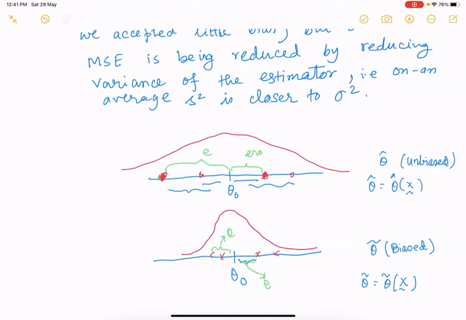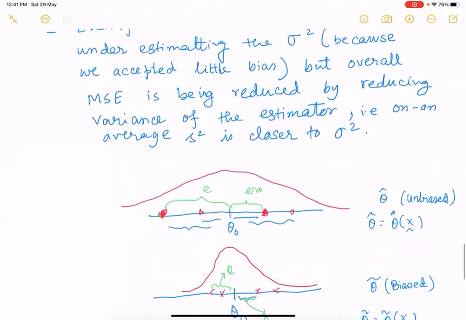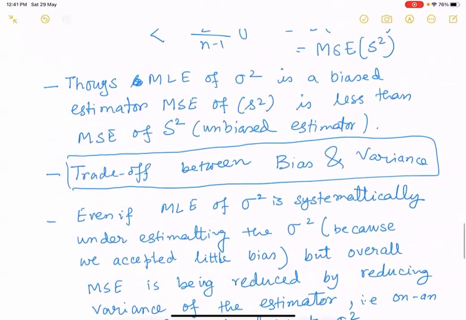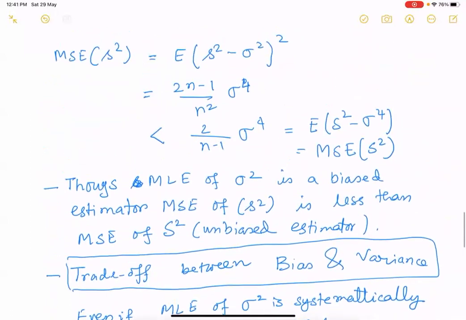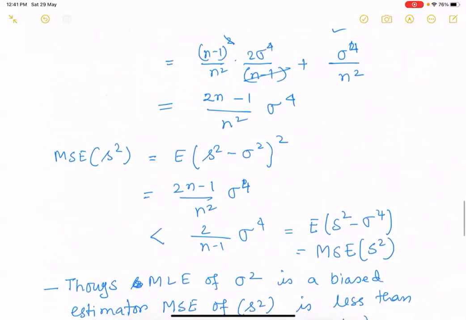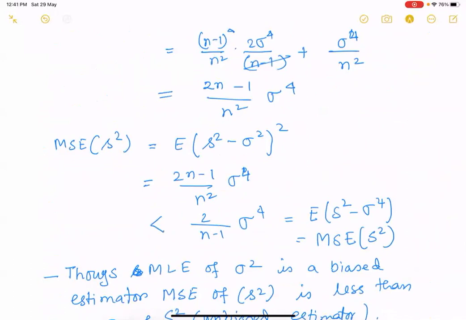And then we can think of developing a methodology to correct for that bias. But if you constrain yourself within the class of unbiased estimators, then you will never explore biased estimators and their properties like this one.